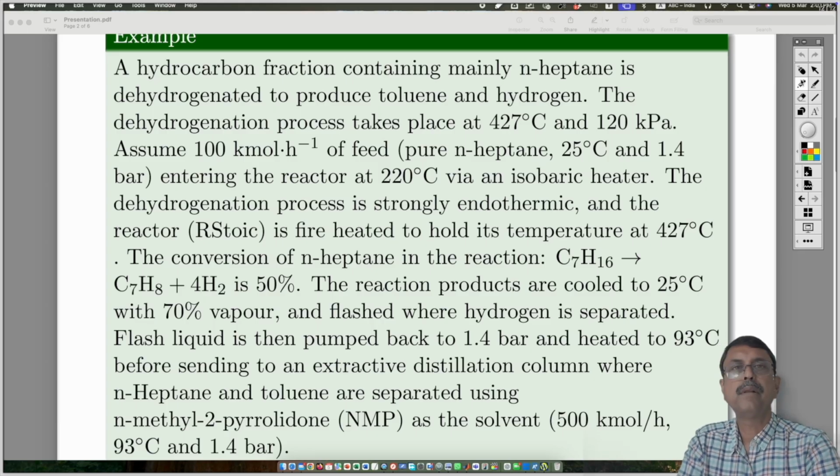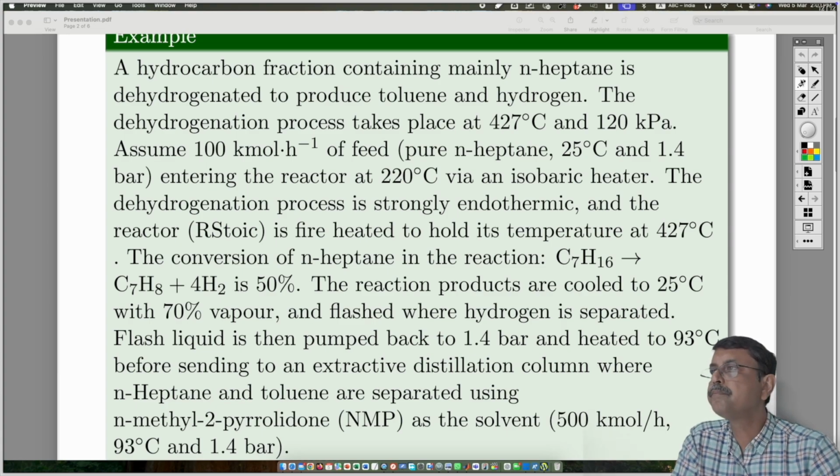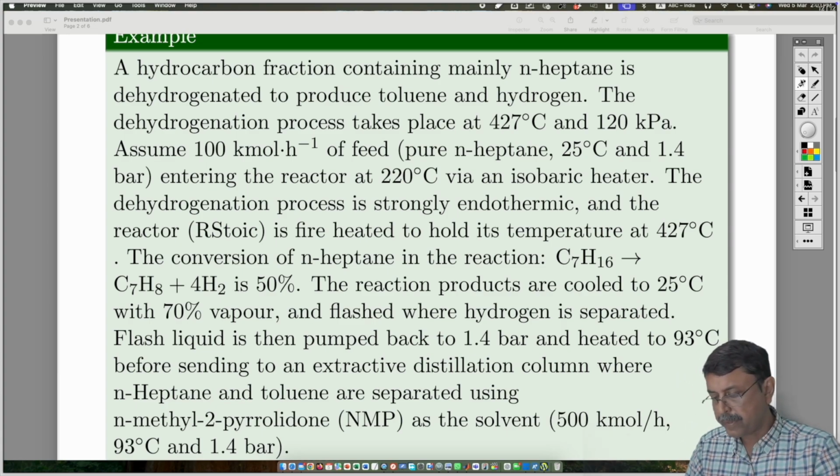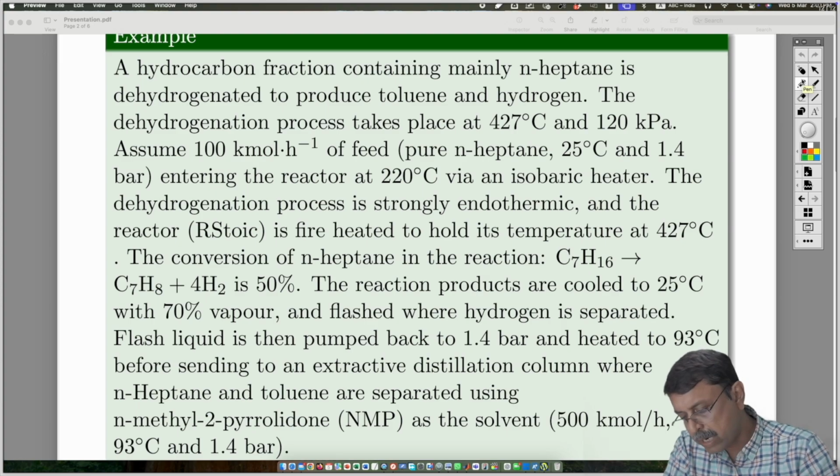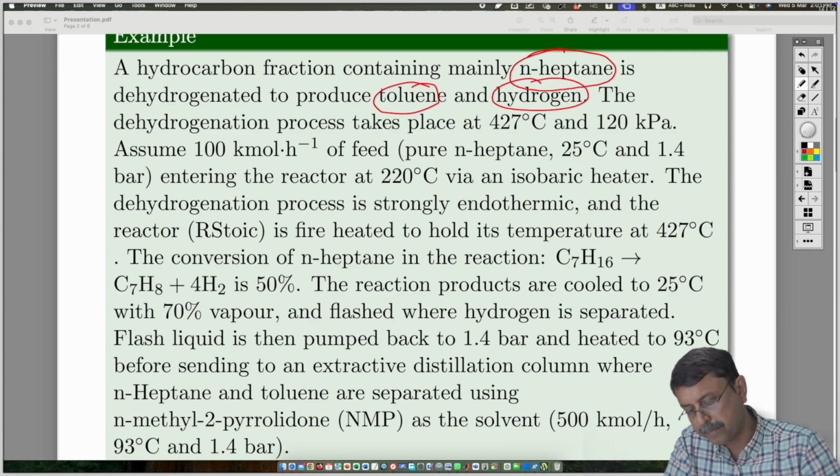Now, this is an example problem, as I said. The example problem says a hydrocarbon fraction containing mainly N-heptane is dehydrogenated to produce toluene and hydrogen. So the equation is given over here.